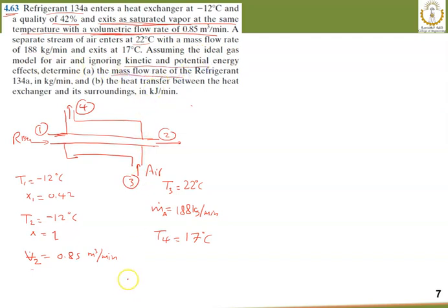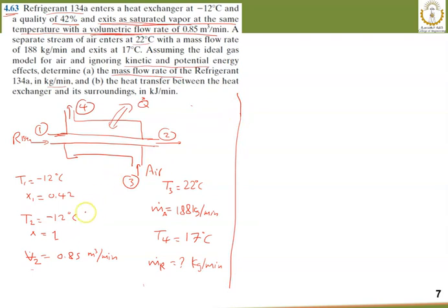Assuming the ideal gas model of air and ignoring kinetic and potential energies, we need to know the mass flow rate of the refrigerant, m dot R, in kilograms per minute. We also need the heat transfer between the heat exchanger and its surroundings. That means there will be heat transfer either in or out, we don't know, in kilojoules per minute, so Q dot.